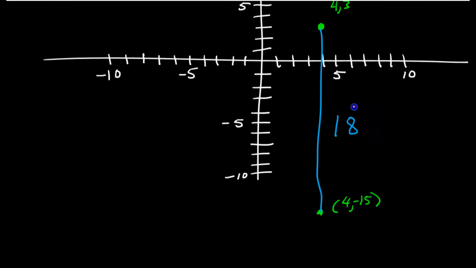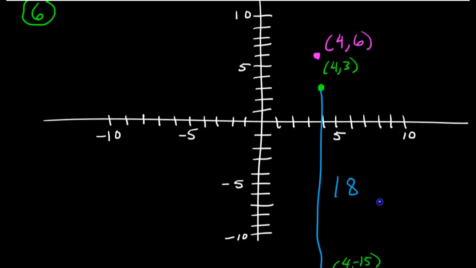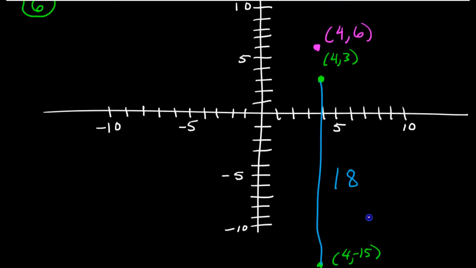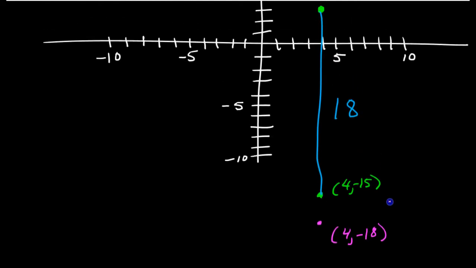Okay, that's going to be my vertex. If I go 3 down from here, okay, that's going to be 4, negative 18. Okay, and now if I looked at the distance from vertex to vertex, that's going to be 24, like I wanted.